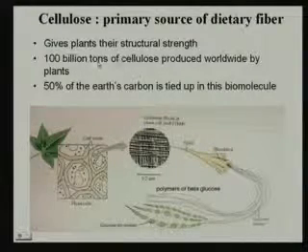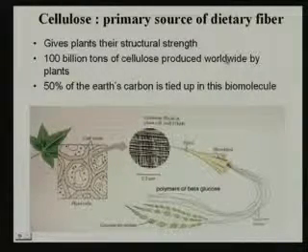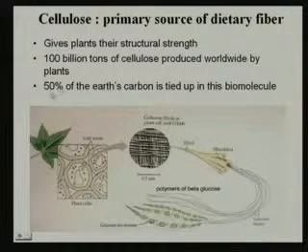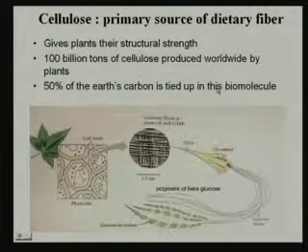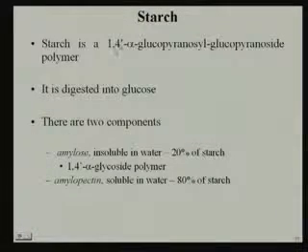100 billion tons of cellulose are produced worldwide by plants, and 50% of the earth's carbon is tied up in this biomolecule. While talking about starch, I have told you starch is mainly composed of amylose and amylopectin.